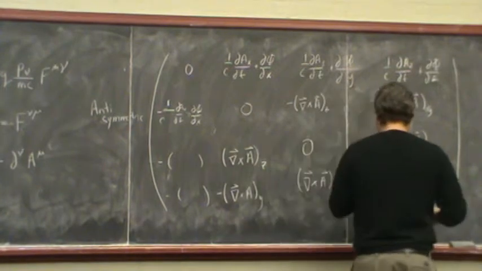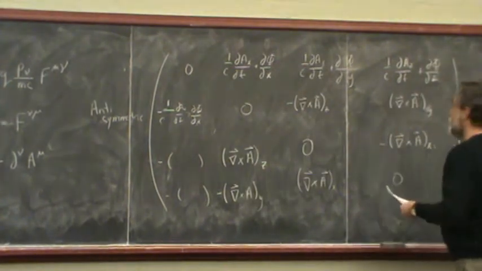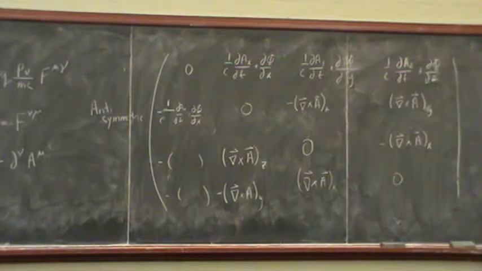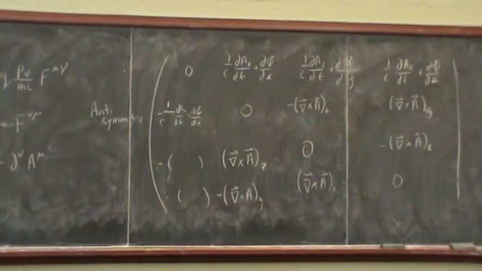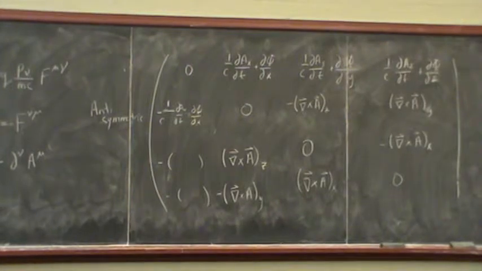So you can check me by making sure that that actually is antisymmetric, and I think I've got them labeled correctly. You did. What? You did. Yeah. We're looking at it.